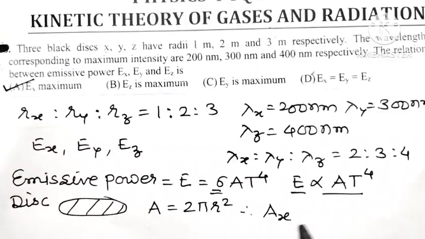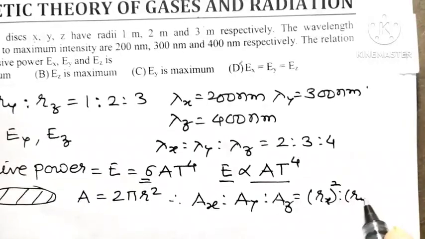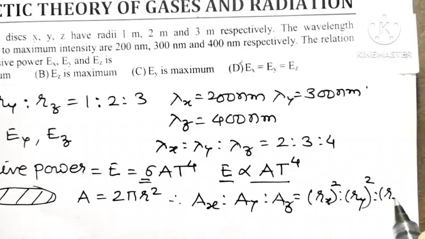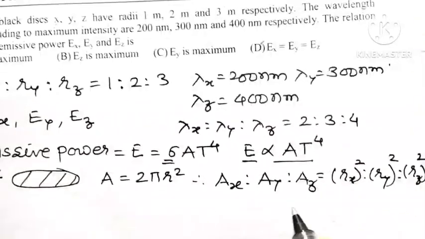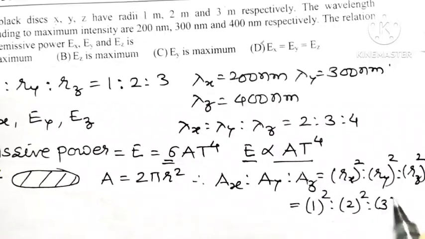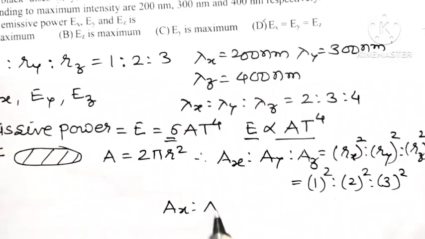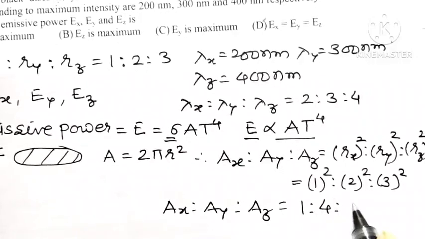Therefore area of disc X as to area of disc Y as to area of disc Z is equal to Rx square as to Ry square as to Rz square, that is 1 square as to 2 square as to 3 square. It means Ax as to Ay as to Az is equal to 1 as to 4 as to 9.